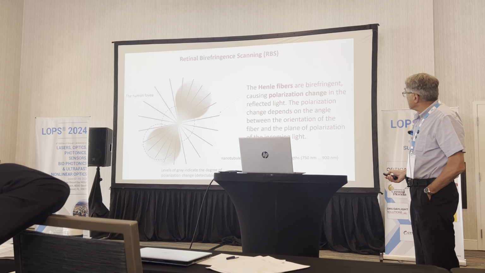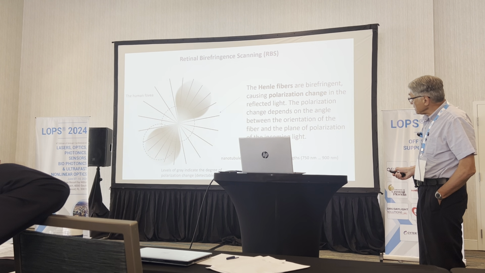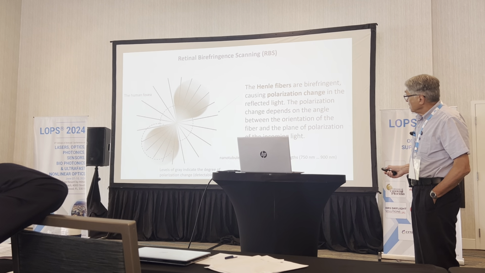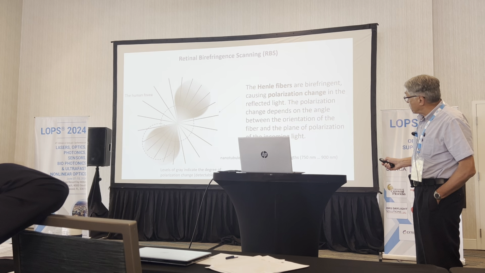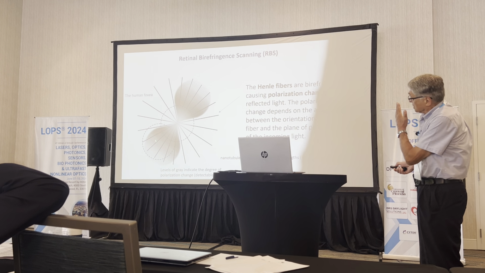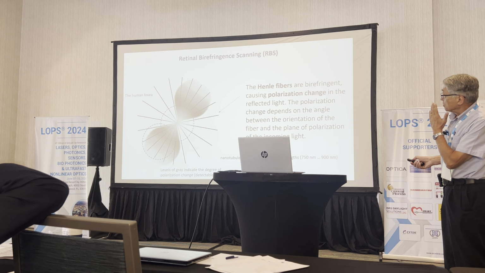Why are we doing that? Because we are scanning around the fovea, which is the most sensitive part of the retina, and we are illuminating or scanning with polarized light.